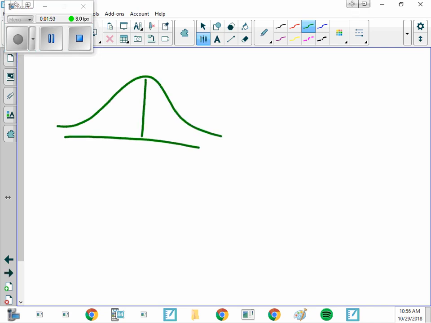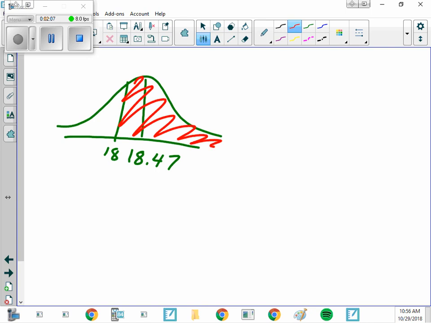So my x average is 18.47, and I want to know what percentage of males are 18 or higher. So if that's 18 and I shade to the right, what do I need to do? Well, I definitely should shade norm because my answer is a shading. What do I need in order to shade norm?